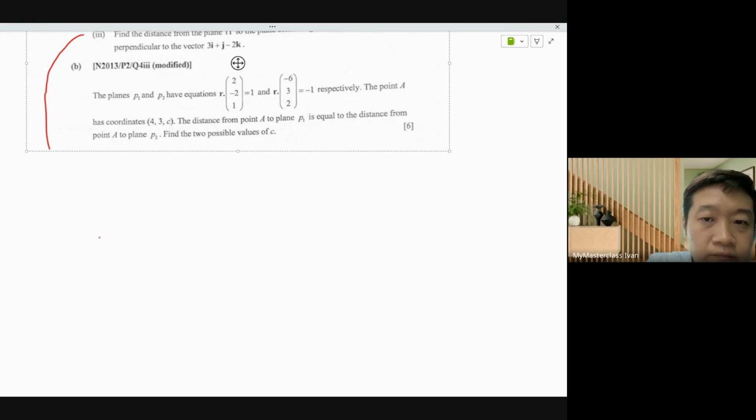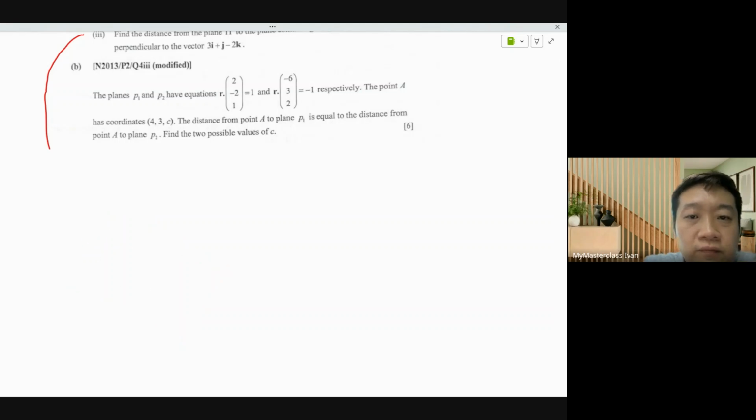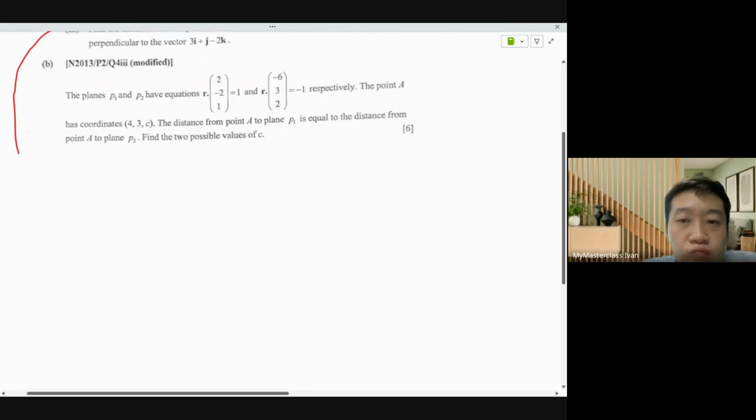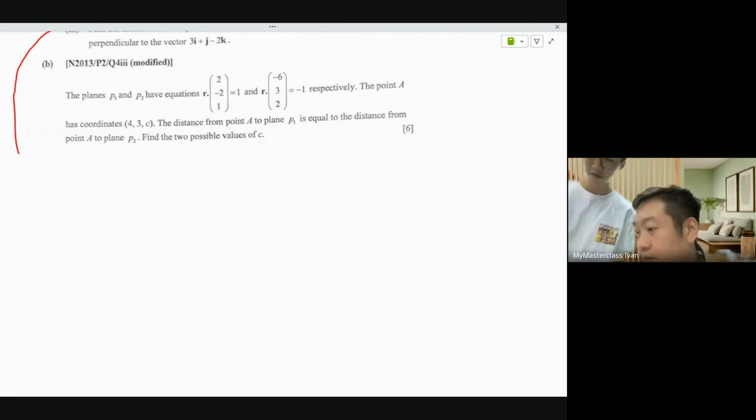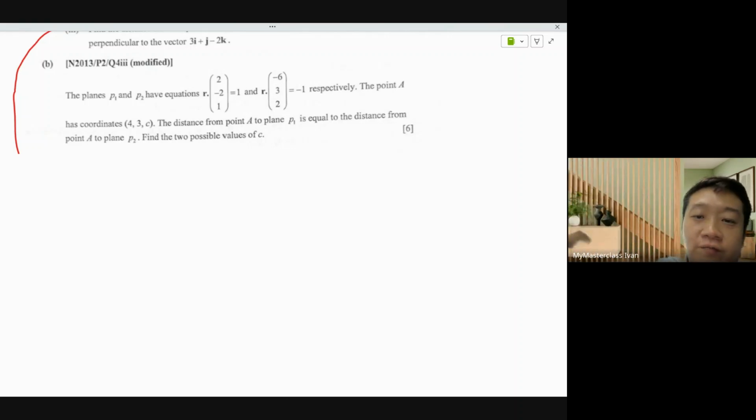In this case, the plane is a funny one. For 3B, the two planes cannot be on top of each other.